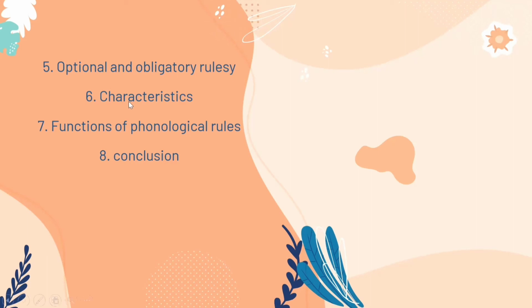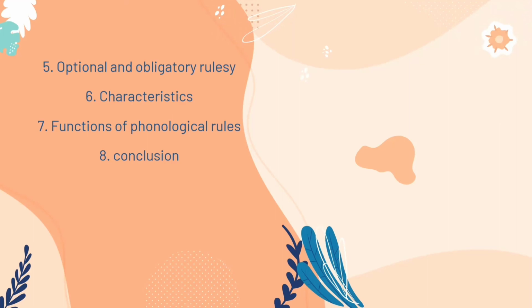Two, productivity. Phonological rules apply even to new words. Three, untaught and unconscious. They acquire the rules early in life without any explicit teaching. And the last is intuitive. The rule gives speakers intuition about what words are well formed or acceptable.